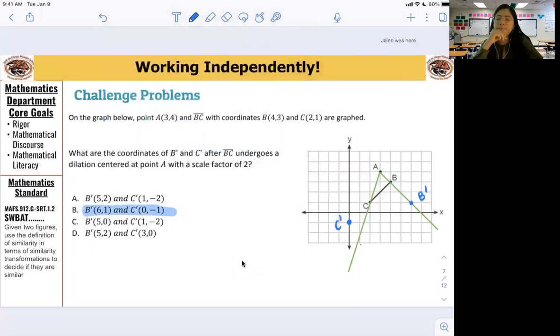Does that work? No, why not? Right, it has to be located on the same green lines. So that's not going to work. Okay, keep trying.